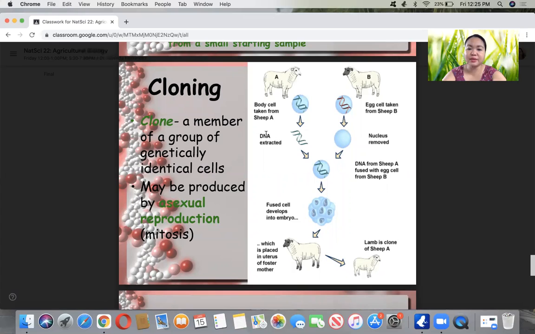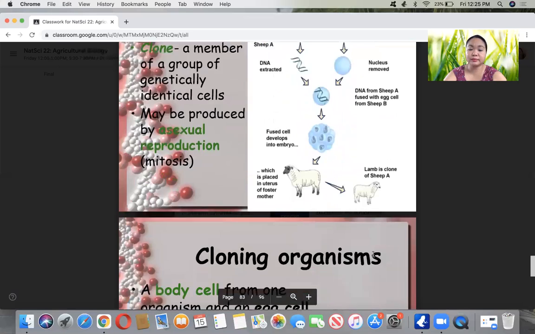So the body cell is taken from a sheep and the DNA is extracted, and an egg cell is taken from another sheep and the nucleus is removed. DNA from sheep A is fused with the egg cell from sheep B, developed into an embryo, and then placed in the uterus of a foster mother, and then we have the clone.